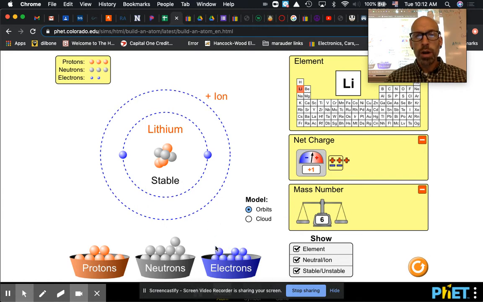Or what if you already had more electrons than protons? So now it's -2. If I take one away, it becomes -1. So it becomes less negative, or it becomes positive. So it could become less negative or more positive.